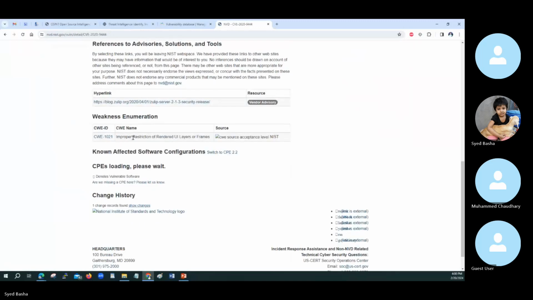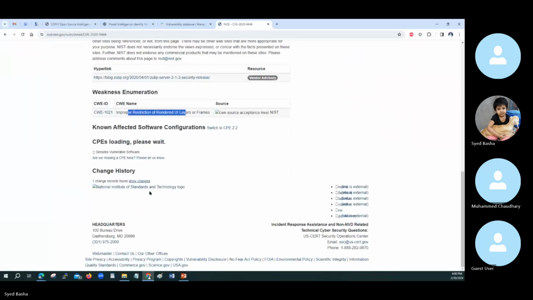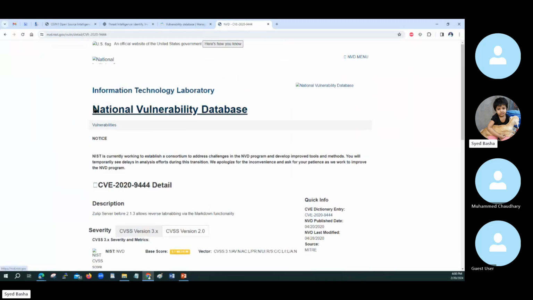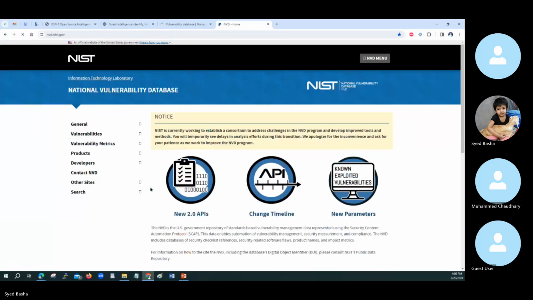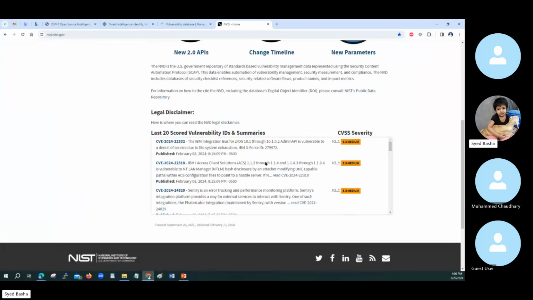See this one. The National Vulnerability Database can give you all sorts of vulnerabilities. You can see this vulnerability talks about the IBM Integration Bus, and this one is about Sentry error tracking. See this: medium, medium, medium.